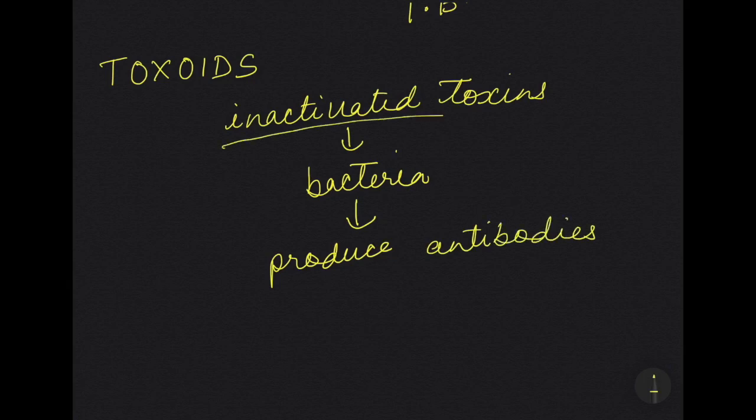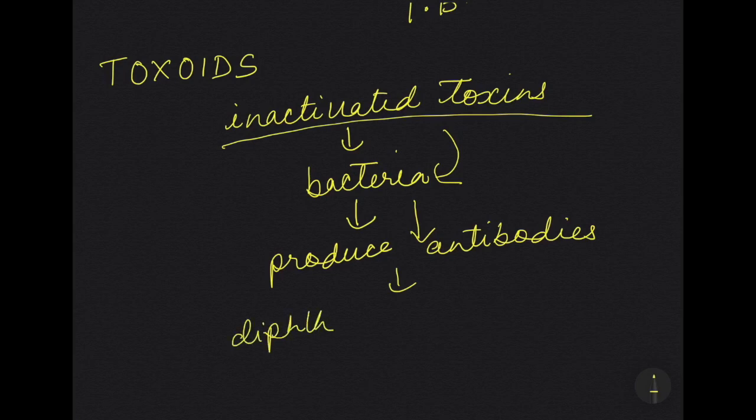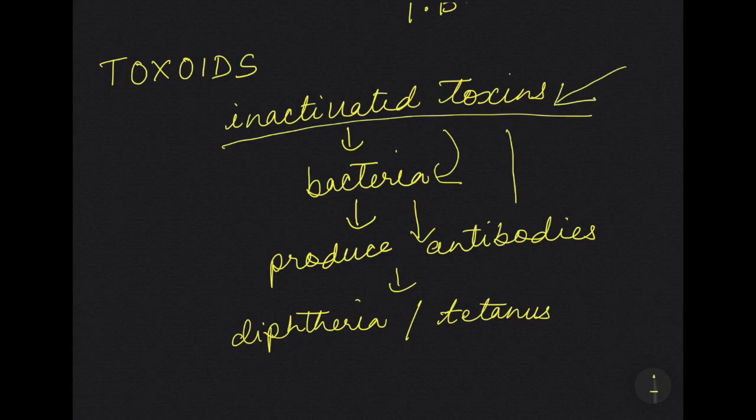Even though the toxins are inactivated, it is taken from a particular bacteria and it can still produce antibodies, such as for producing immunity against diphtheria and tetanus. That is when you go to get a tetanus shot or a TT shot, as you say, what are you getting injected with? You're getting injected with inactivated toxins, which will produce antibodies against diphtheria and tetanus, whichever shot you take.